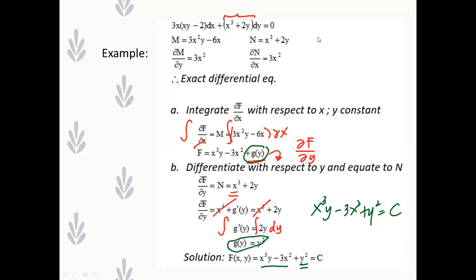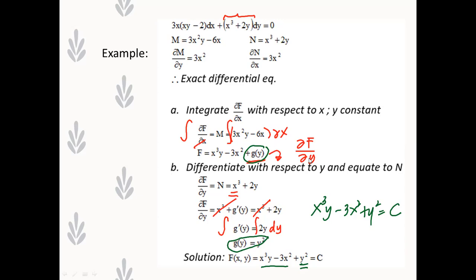Okay. The g prime came from, remember that you want to find the g of y here in the first procedure, in which you partially integrated your M with respect to x. So you have this constant, and your constant is represented by g of y. Now, the second procedure requires you to differentiate this answer of yours with respect to y.